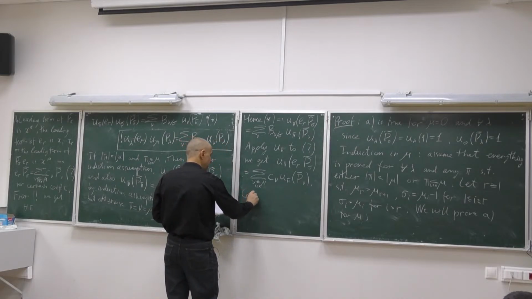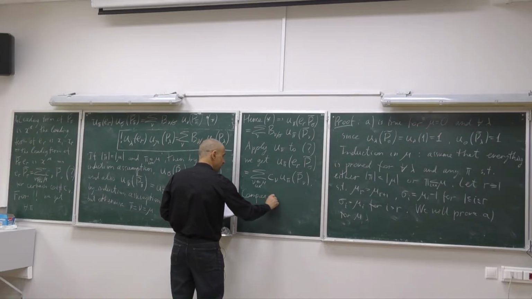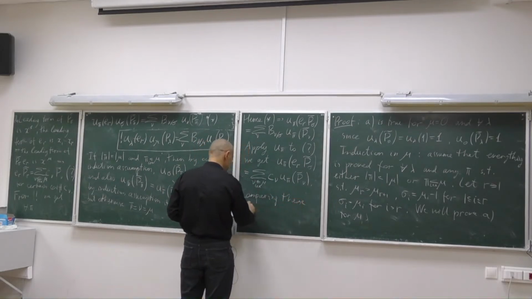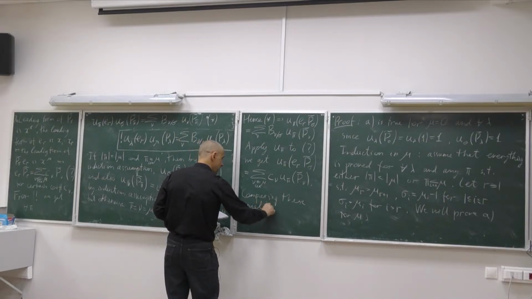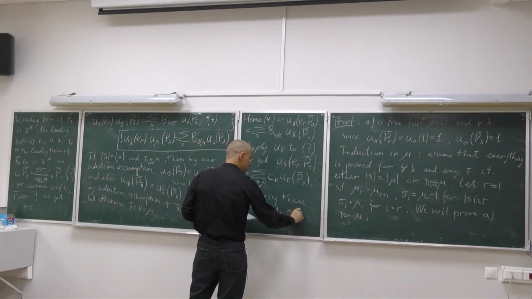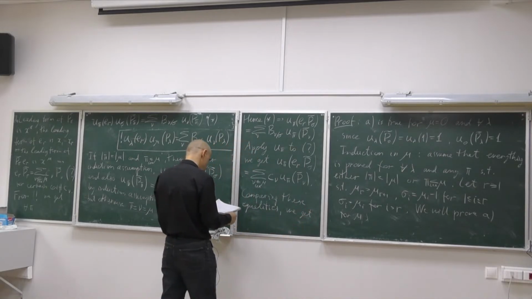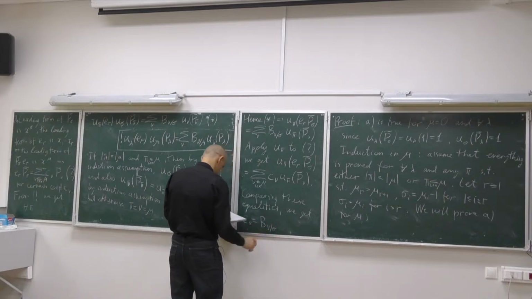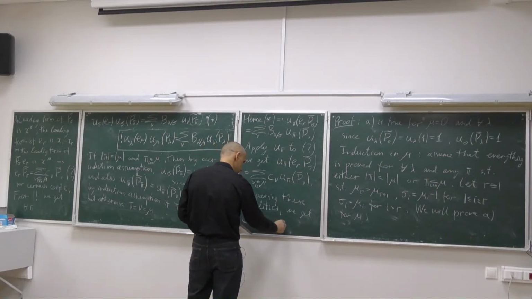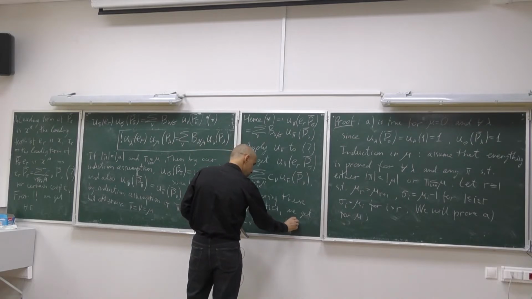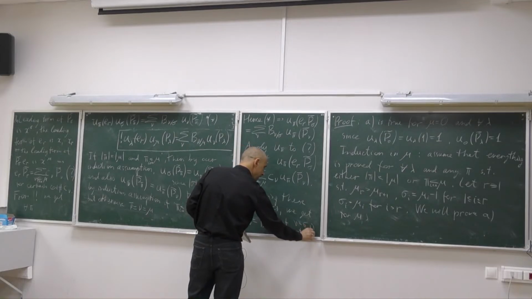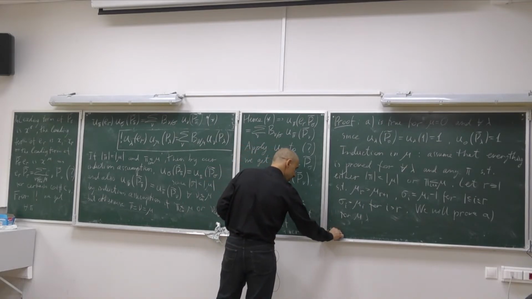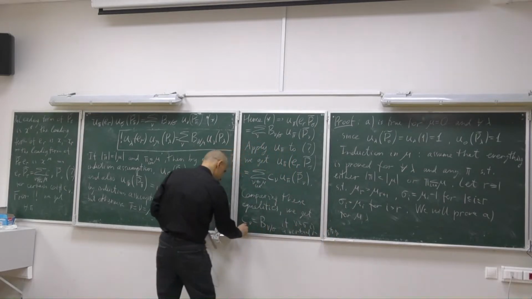Now comparing these equalities, we get what we want, that c nu is b nu sigma, if nu without sigma is a vertical R strip, and zero otherwise.